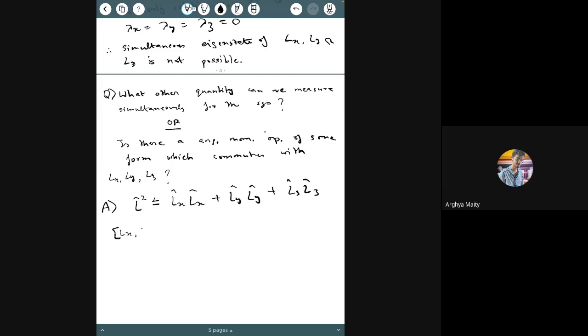So let's work out one. It's pretty straightforward, not very difficult. So you have Lx and then Lx plus Ly plus Lz. Whenever I try to hurry, I make mistakes. Okay. So yes, this commutator is 0 by your argument. But you have the other ones.